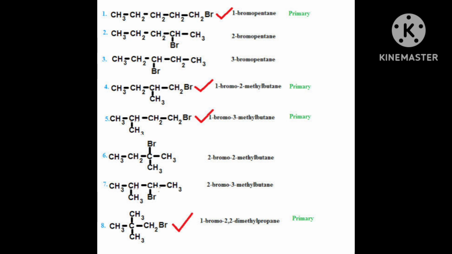Means first and last are CH3, and in the middle all are CH2 except one. One is CH, and from there another group, a branch, is attached. That is carbon number 5, it is only CH. From that carbon a group is attached. Otherwise all are CH2, first and last CH3.